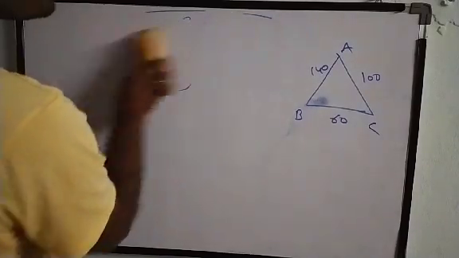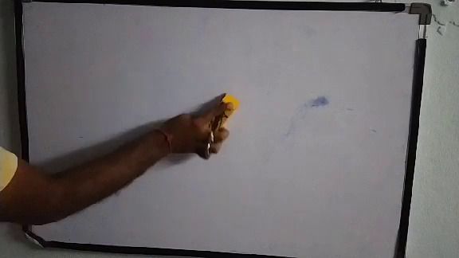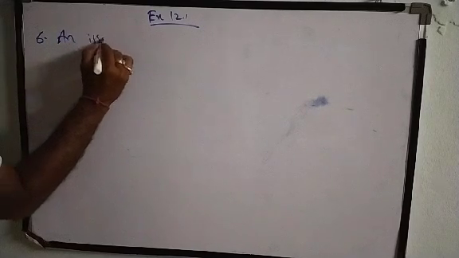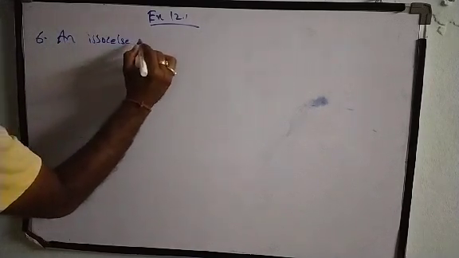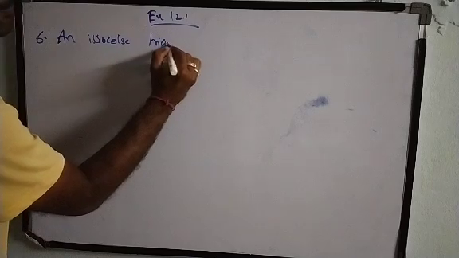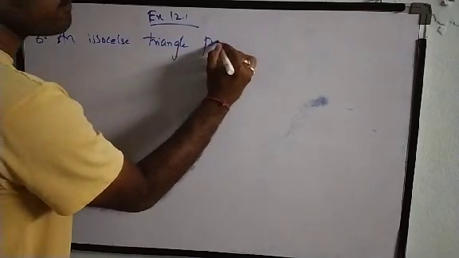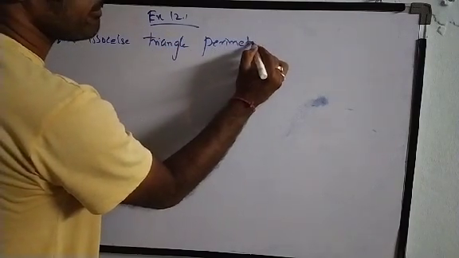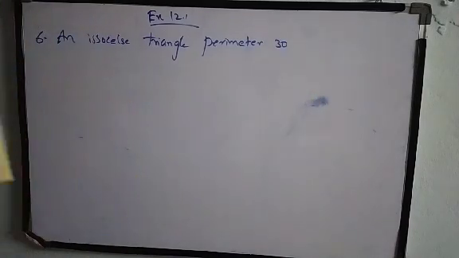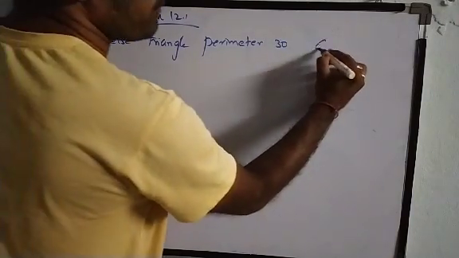Next, exercise 12.1, sixth question. An isosceles triangle has perimeter 30, and each of equal side is 12.